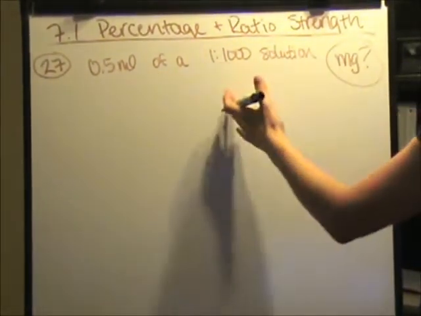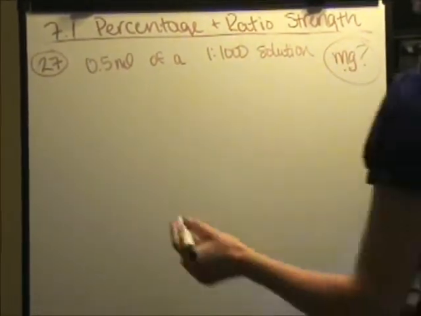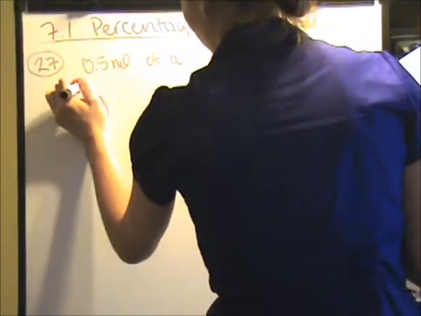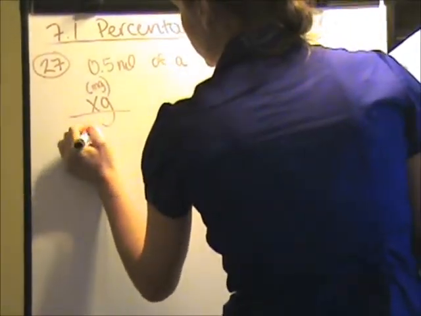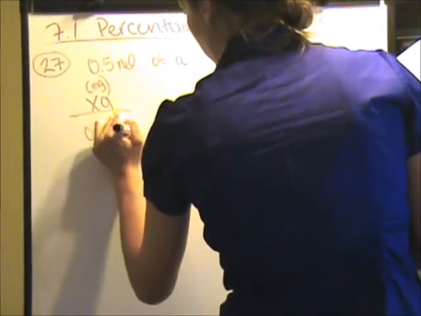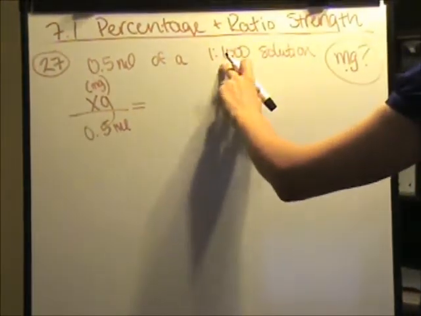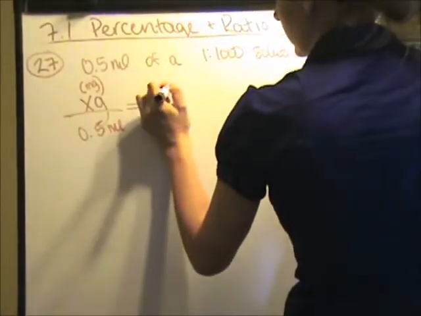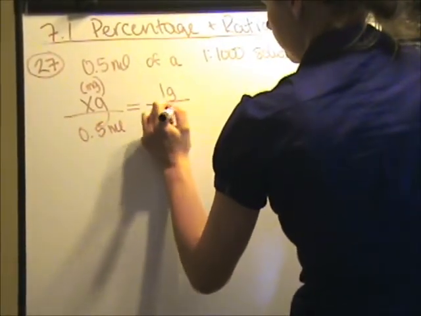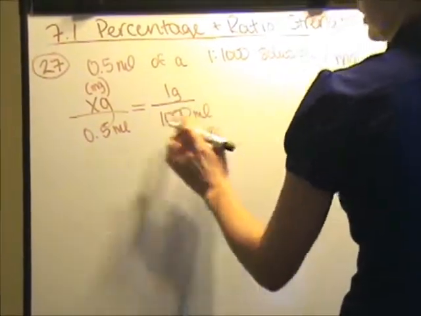Okay, so what we're looking for again are milligrams, but remember we have to do our proportion in grams and then convert over the amount that we have, 0.5 ml. And we have a proportion. Remember, these ratios can be written as fractions. Making sure that our units of measure line up.